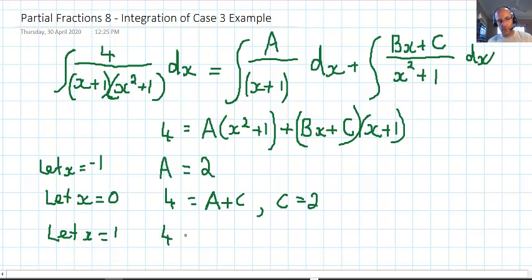If we let x equal 1 now, we've got 4 equals 2a plus 2 outside of b plus c.